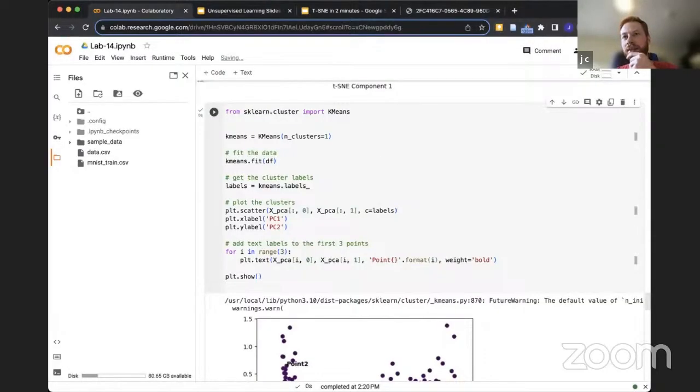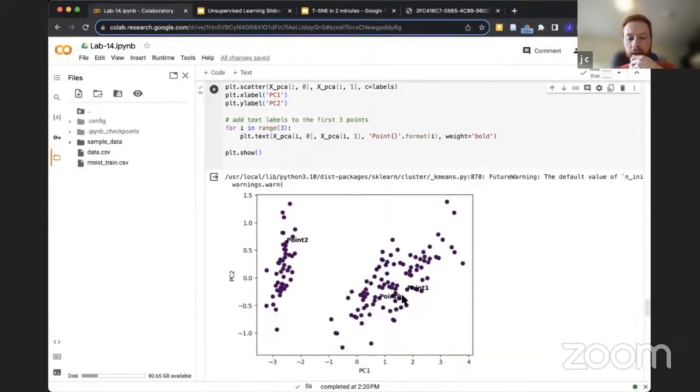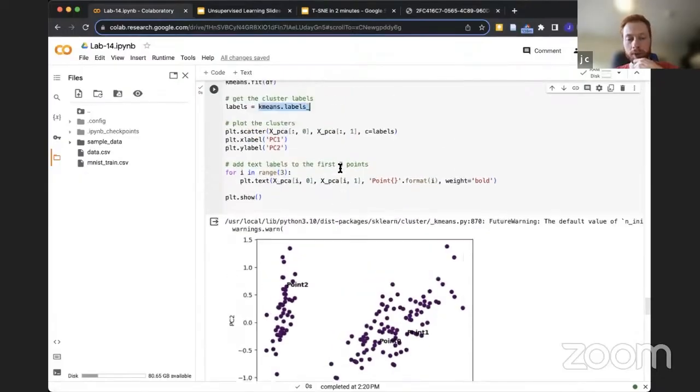Yes, I'm getting to the PCA in a second. So we run k-means and we get a label for each point. In this case, the label is all one because we only have one cluster.